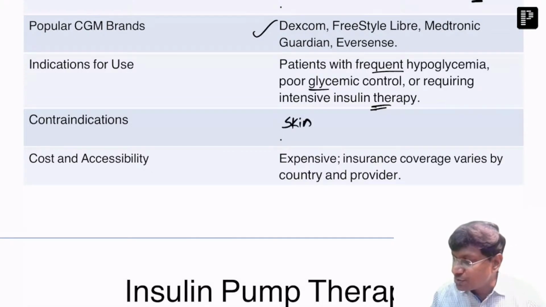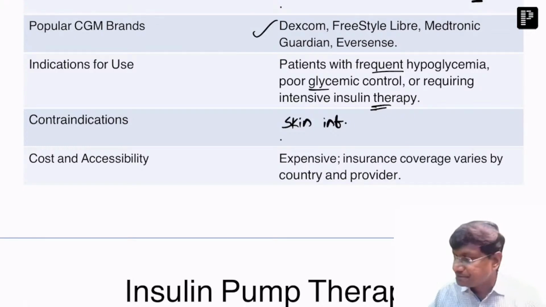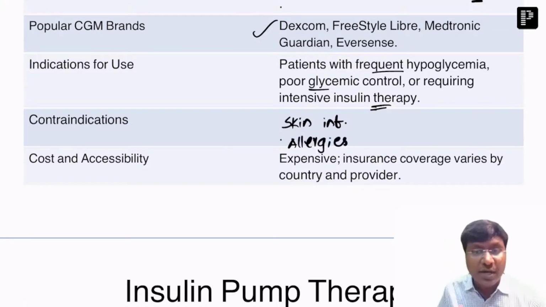Because it has to be placed over the skin, skin infection is one contraindication. Next, allergy to adhesives is another important contraindication. Next, inability to use the technology properly, because it has a sensor, a receiver, and a smartphone app.